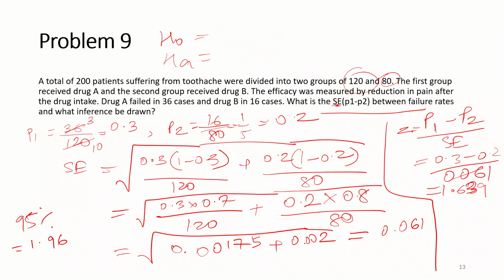Because here what we are testing is the effectiveness of drug A and drug B. But the question is whether the failure rates are the same for both the drugs. So which one should go for the alternative and which one for the null?